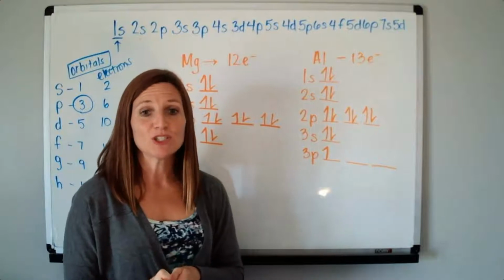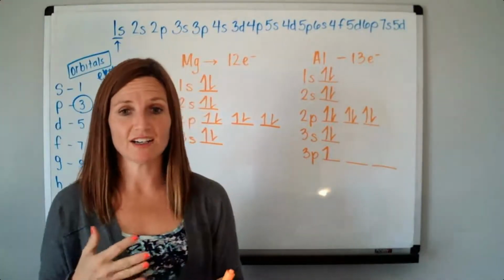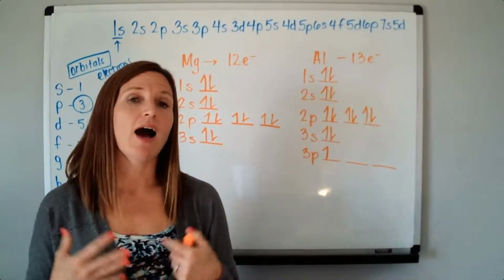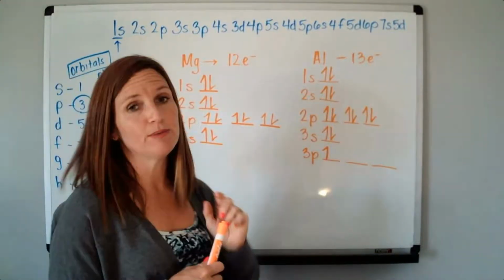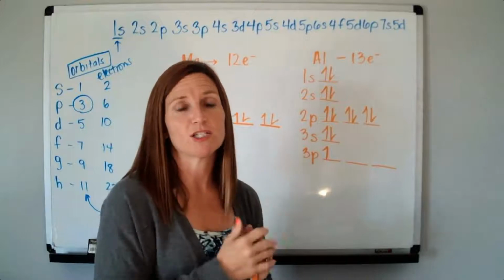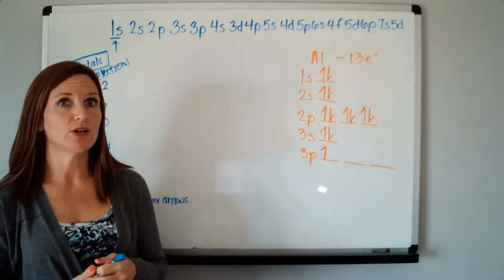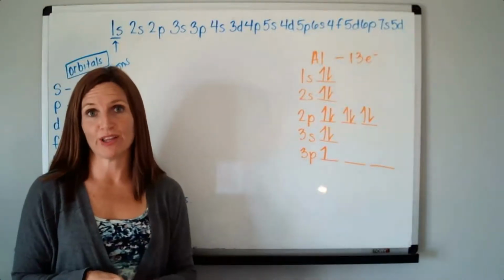All right, so good job so far on the orbital diagrams. We're now gonna switch gears, and we're gonna start turning our orbital diagrams into electron configurations. And we're gonna do it using aluminum. So leave aluminum there, and we're gonna switch to its electron configuration. So the orbital diagram is a pretty good shorthand compared to that big atom that we drew earlier.